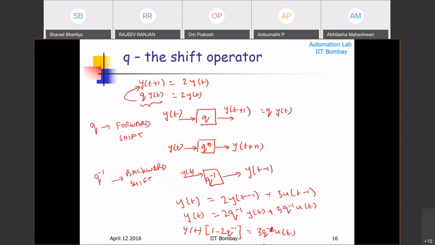This is q inverse. And then this will allow me to write what we call the transfer function form. Okay. So I'm just talking in a more generic system. So a transfer function is basically output divided by input, y of t divided by u of t. And you'll see it looks like this: 3q inverse over 1 minus 2q inverse. That is a time series model, not in its entirety, but the major elements of a time series model are there.